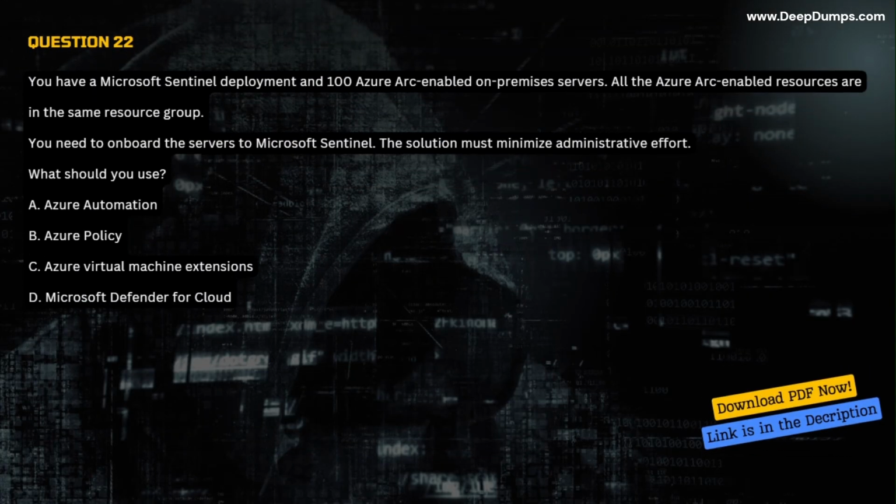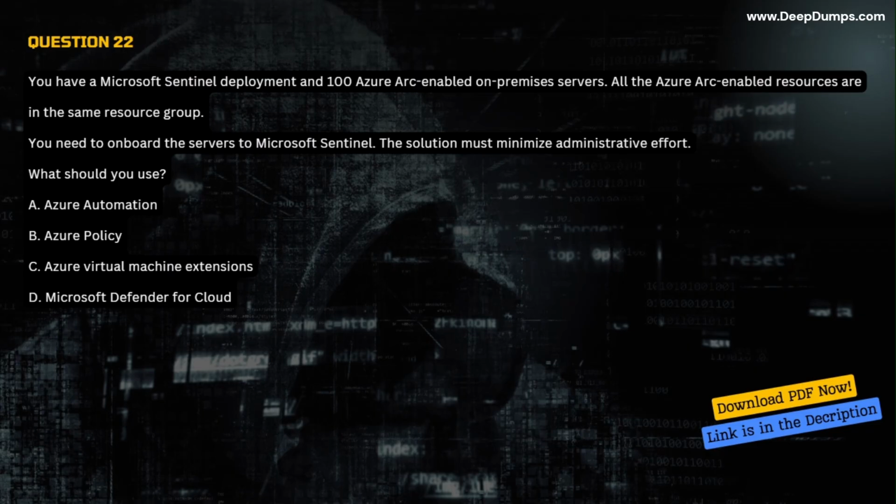They allow custom actions like shutting down a VM when a threat is detected. Question 22. You have a Microsoft Sentinel deployment and 100 Azure Arc-enabled on-premises servers. All the Azure Arc-enabled resources are in the same resource group. You need to onboard the servers to Microsoft Sentinel. The solution must minimize administrative effort. What should you use? A. Azure Automation.